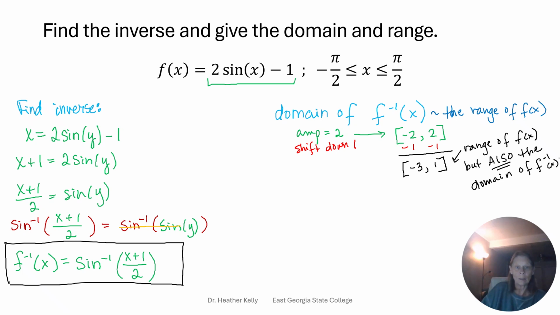And now the other thing we're asked to find is the range of f inverse of x. And to do that, we set the argument in this equation.